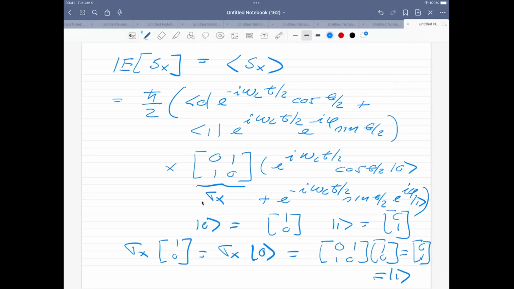So that means that we just switch from 0 to 1. Okay? So we have to be a little bit careful now when we are calculating these expectation values, because it means that when this one acts on that state, it changes it to 1. And when this acts on this state, it changes it to 0.